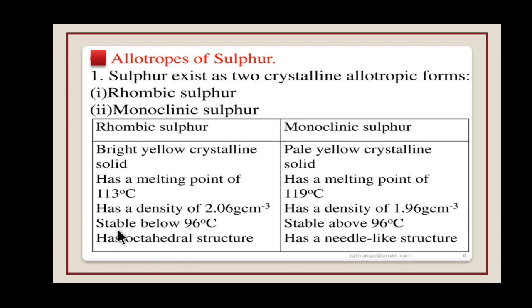Rhombic sulfur is the stable form below 96 degrees Celsius, and monoclinic sulfur is the stable form above 96 degrees Celsius. Rhombic sulfur has an octahedral structure, and monoclinic sulfur has a needle-like structure. That is the difference between rhombic and monoclinic sulfur.